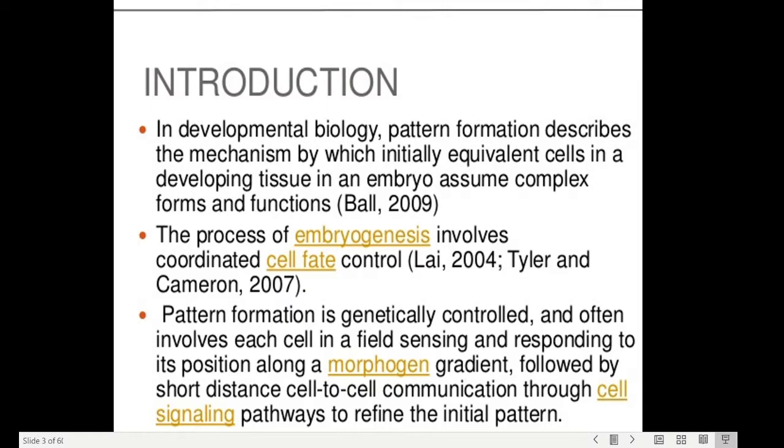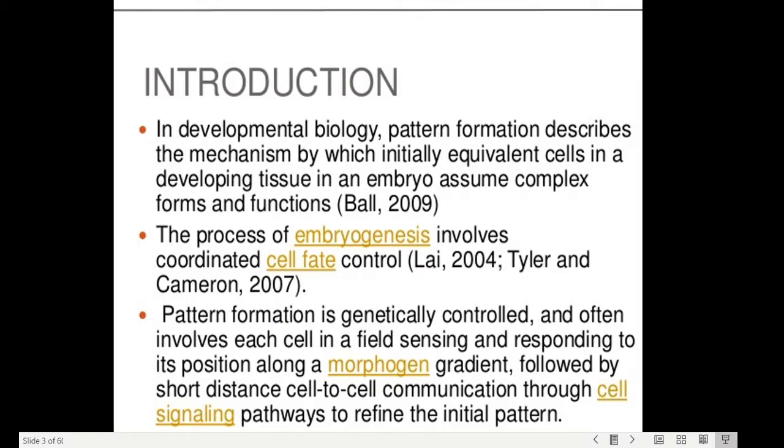Next, in developmental biology, pattern formation is a very important one. What is a pattern? Pattern formation is the major final step in developmental biology, but it depends on the previous steps: embryo formation, embryo to tissue formation, tissue to organ formation.